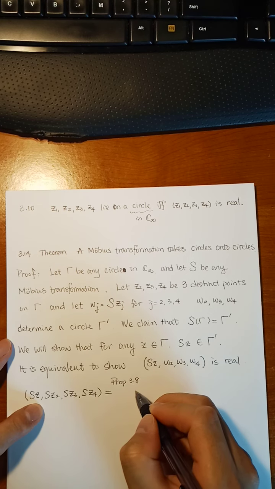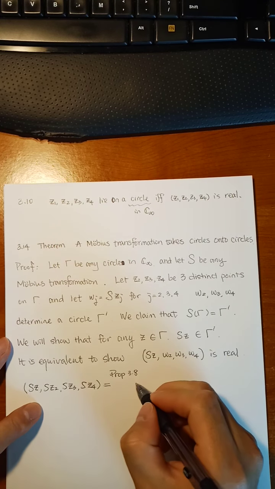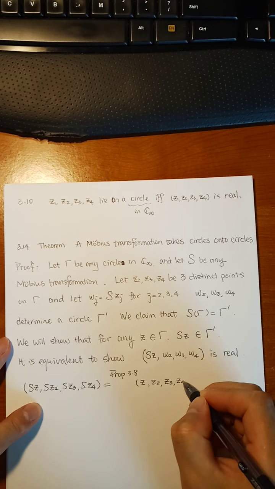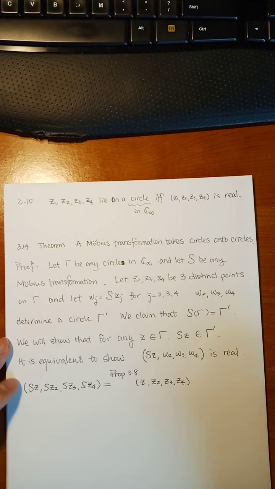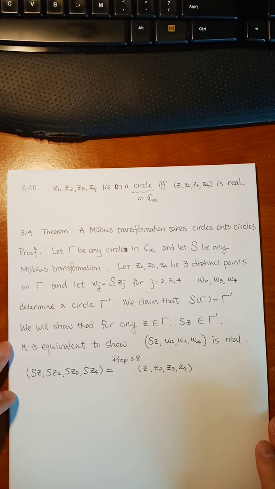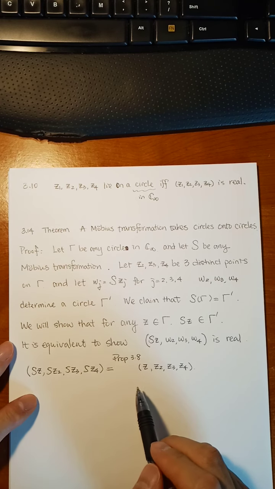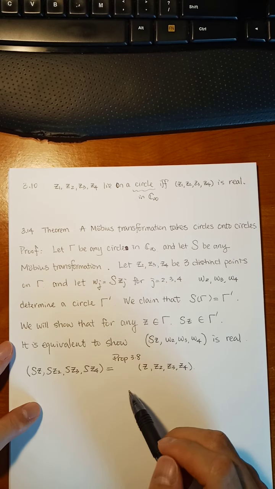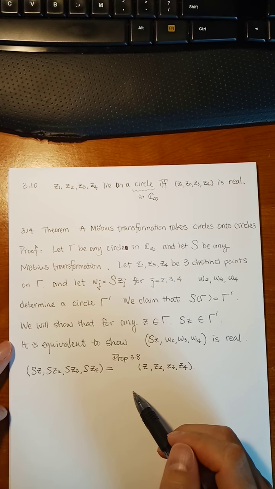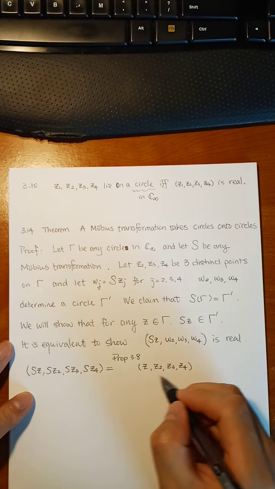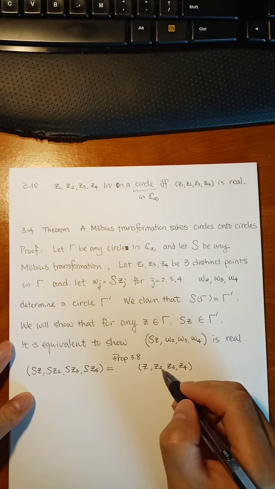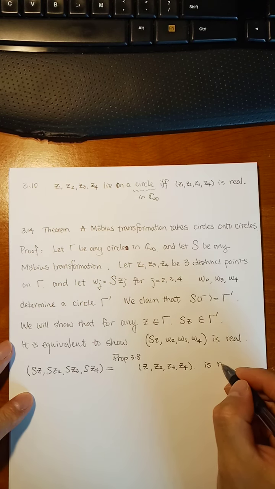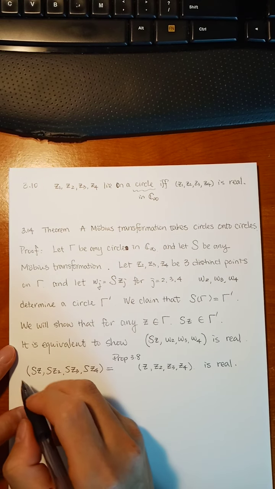You can go back and check it. It says this is equal to the cross ratio of z, z2, z3, z4. The cross ratio is compatible with the Mobius transformation. We proved this proposition by a detailed computation. So this is correct. And because z belongs to gamma, and gamma is determined by z2, z3, z4, this is real. So we're done.